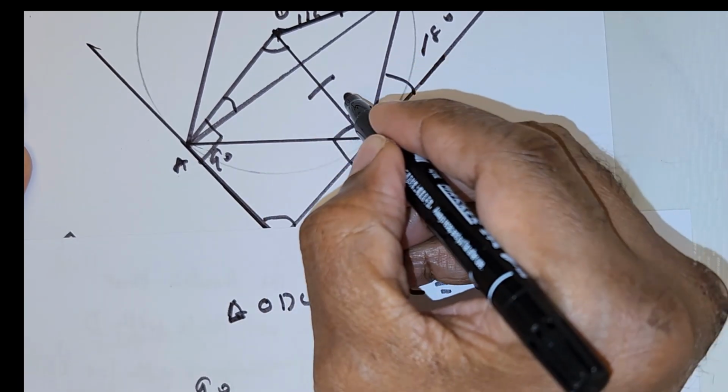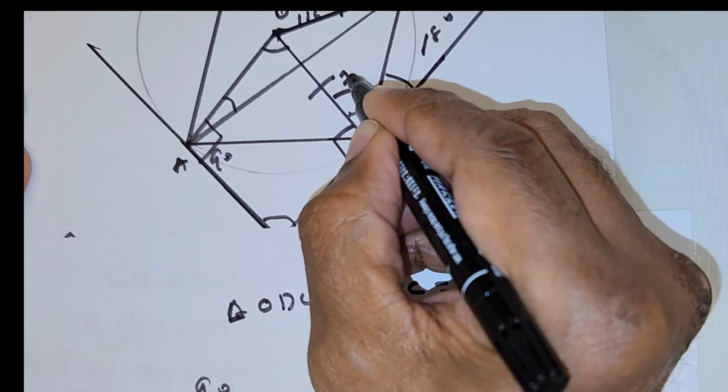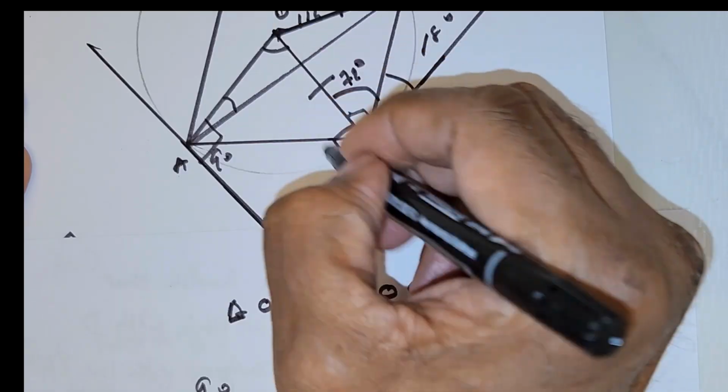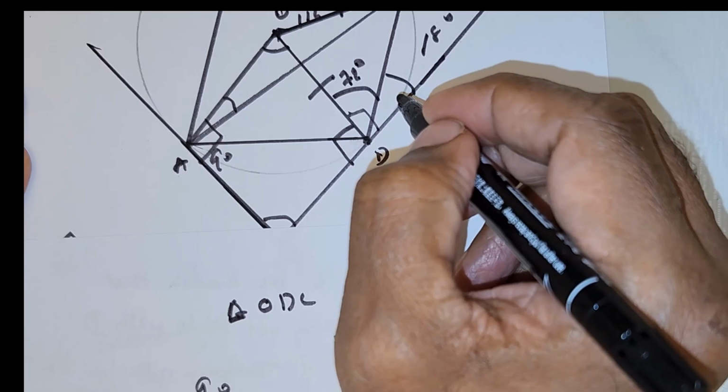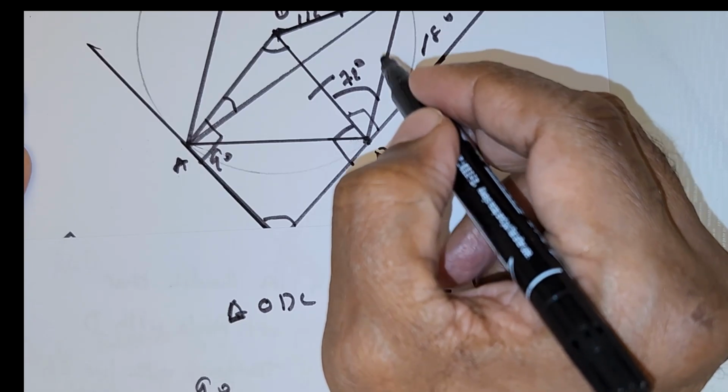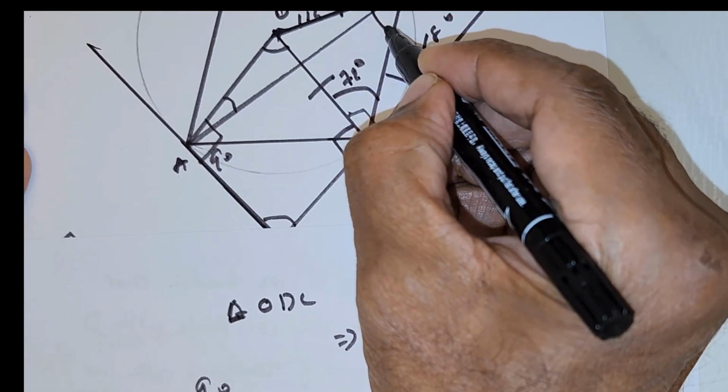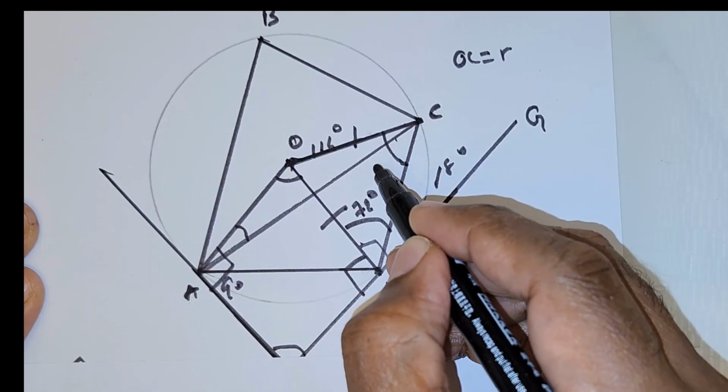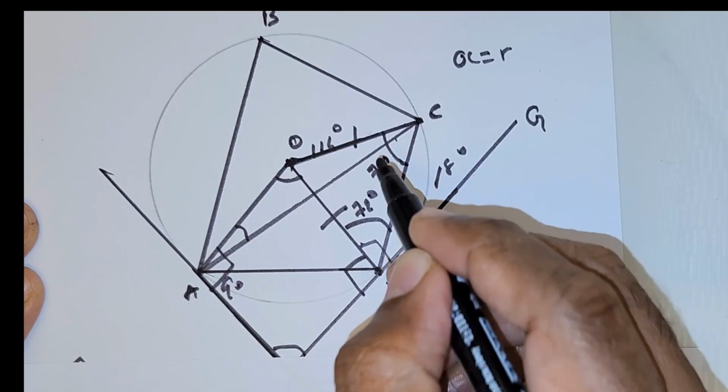Okay, so this angle is 72 degrees. Now this entire thing is isosceles, right? So that would mean this base angle is also going to be 72 degrees.